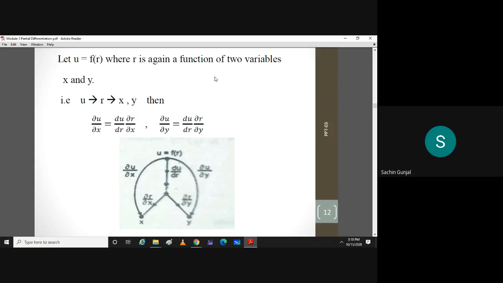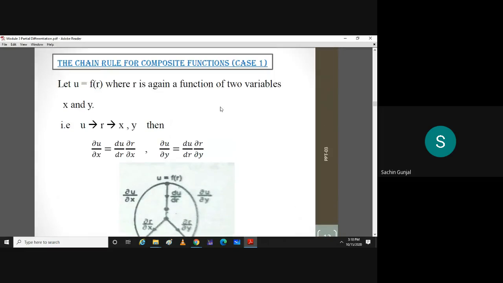No, no, no. Let us apply chain rule, and that will be easier for calculation purpose. Okay, sir. So just note down these two formulae, and title is chain rule for composite function first case.